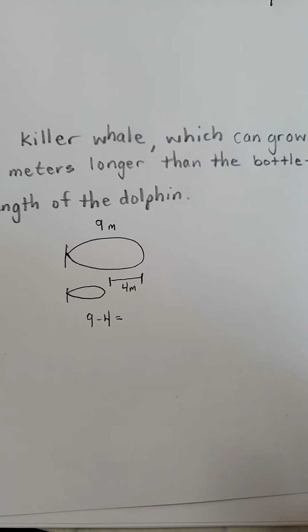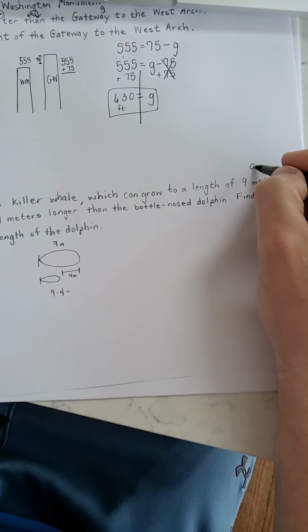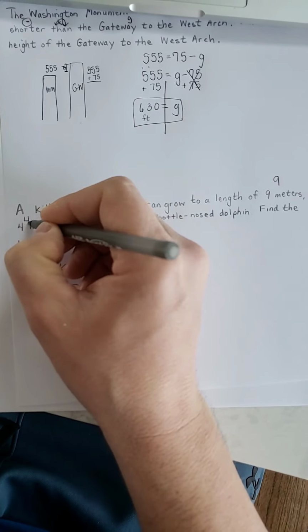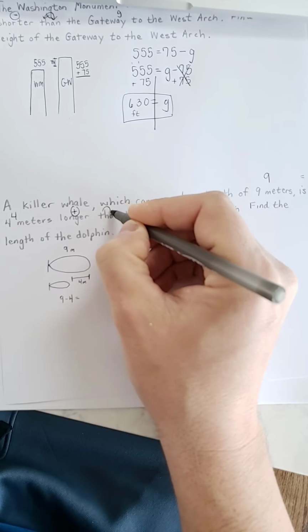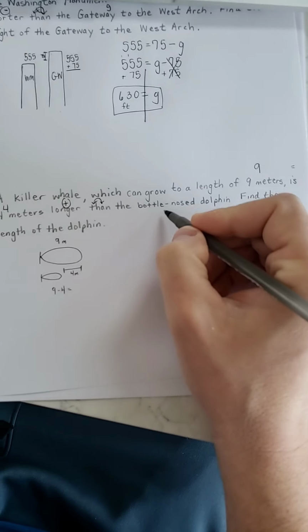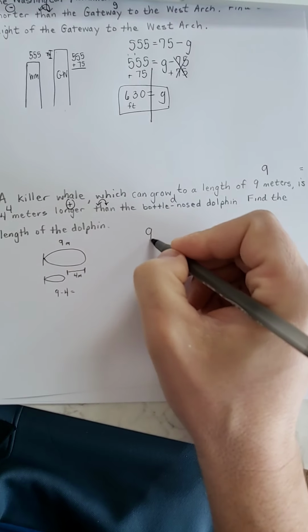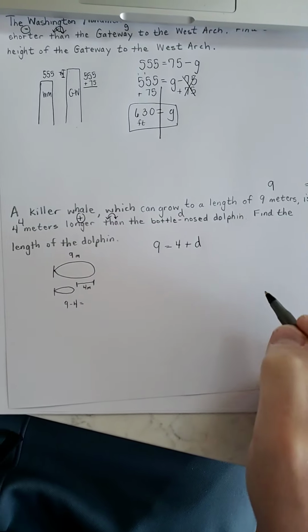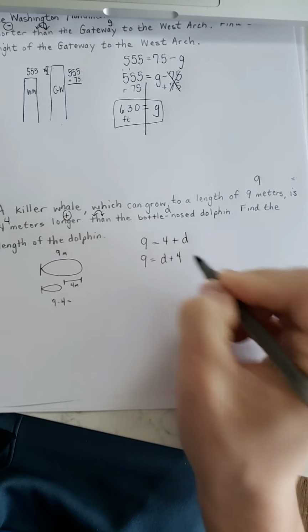Obviously you could do that in your head. But if we use one-step equations, 9 equals, 9 is the equal to symbol, 4 is 4, longer is addition, than being a switch word, and the bottlenose dolphin being D. If I write down what I'm given, I have 9 equals 4 plus D. I do have a switch word, so it'll be 9 equals D plus 4.